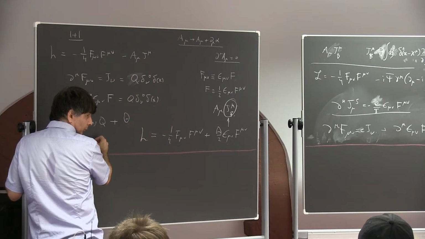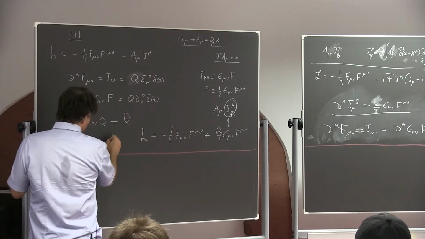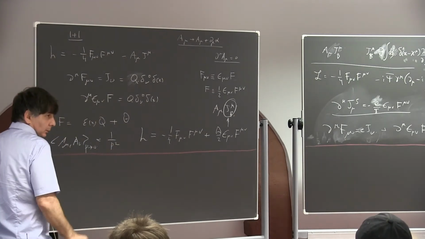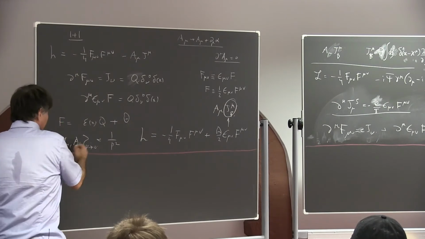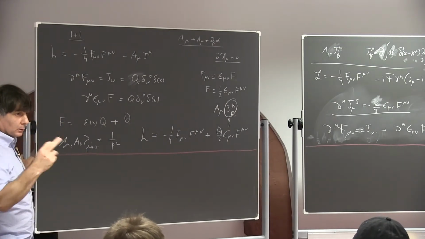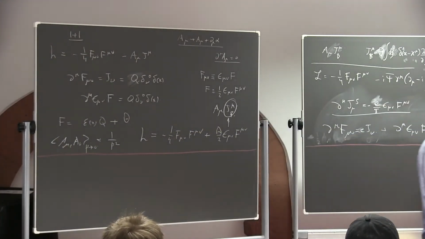In other words, in the limit p going to 0, this correlator has a pole at p squared equals 0, which is the same thing as 1 over box. So this is one condition: there is a correlator which is long range.